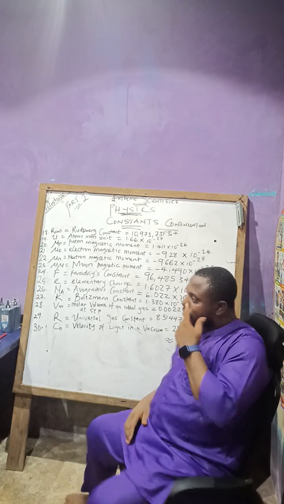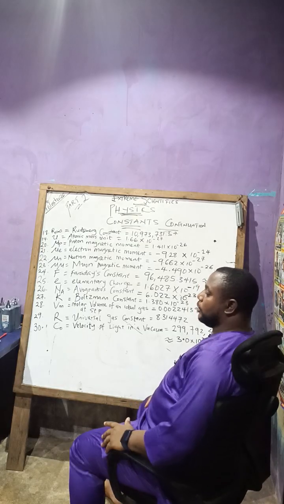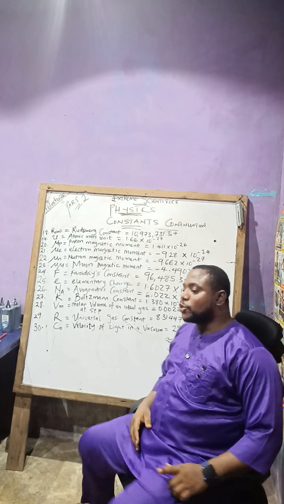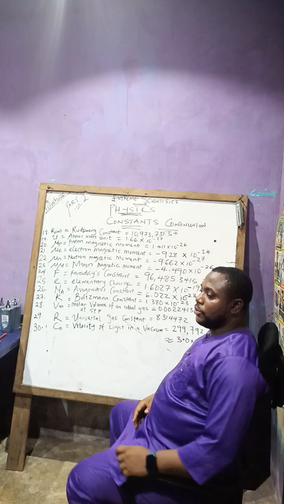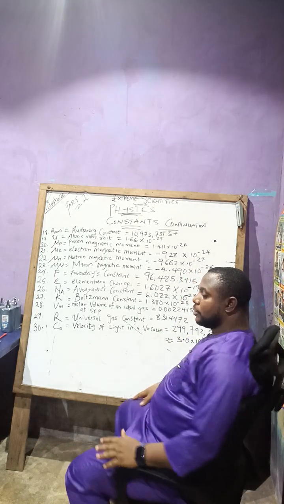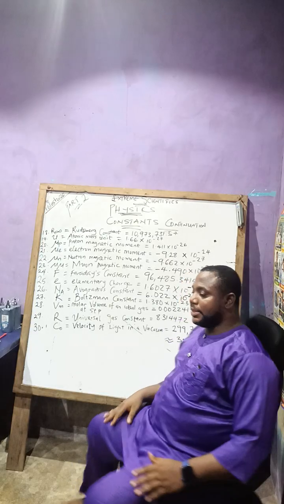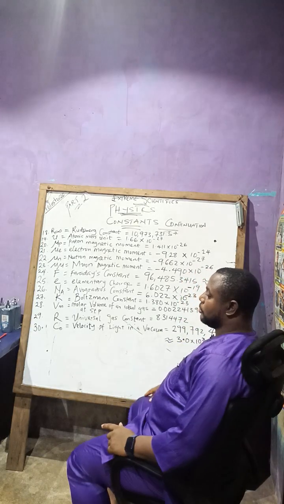If you can remind me about the constants from 1 to 17, one after the other. Who is the first person? Let's divide 17 by 2.